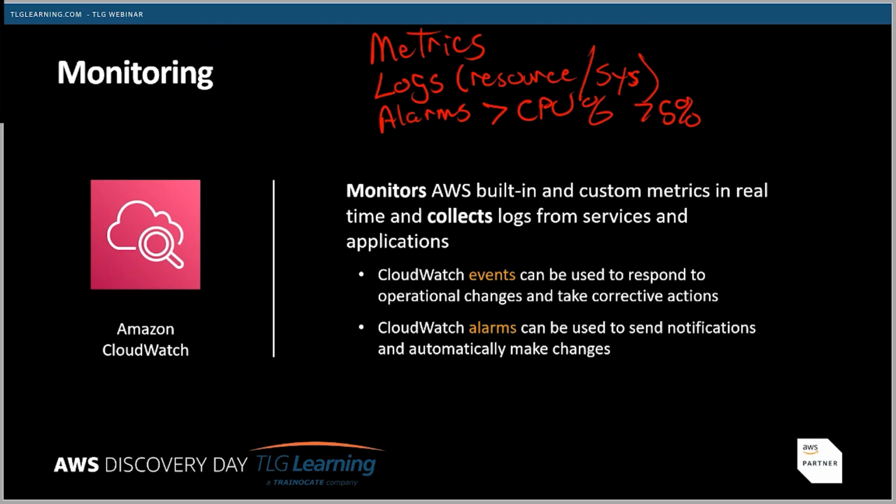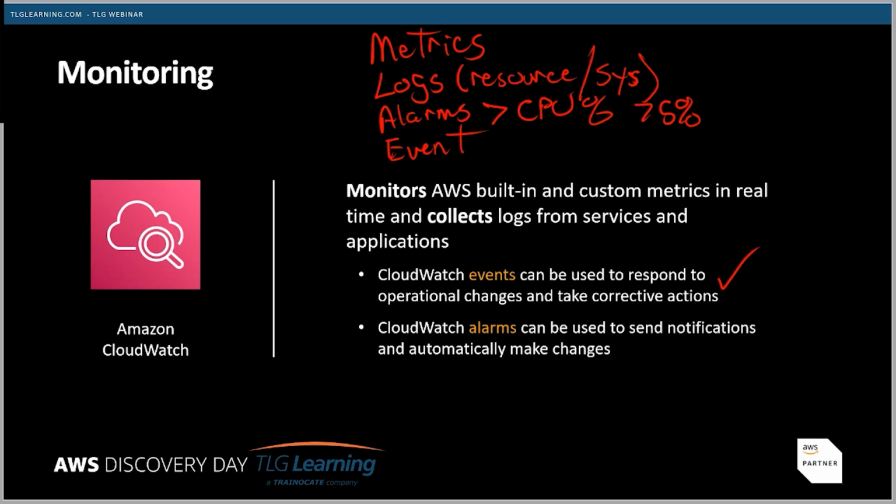And then CloudWatch also has events. This is part of the automation, could be part of your automated response, like they're highlighting here, where we can set up an event when this event occurs, or we see a particular log message recorded by CloudWatch.